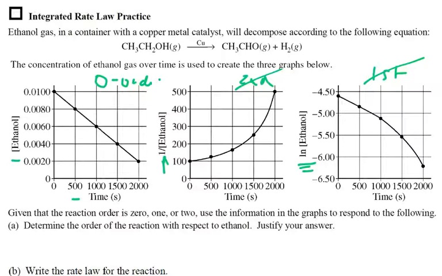So now let's get to the question. Given the reaction is 0, 1, or 2, use the information in the graphs to respond to the following. Determine the order of the reaction with respect to ethanol. Well, we've done that. We know that's a zero order.